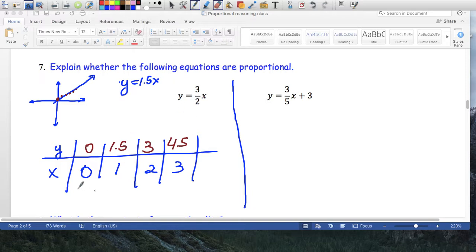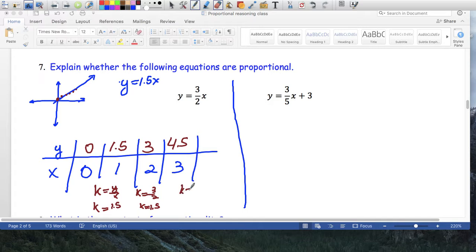Now another way of finding if they're proportional is to use k equals y over x, and you can do that for each of these points and see if the constant of proportionality is the same. So y is 1.5, and 1.5 over 1 is just 1.5. Second one here, we get k equals 3 over 2, and 3 over 2 is the same thing as 1.5.